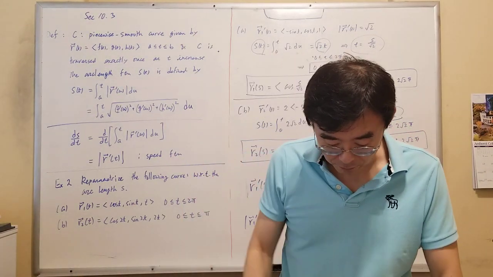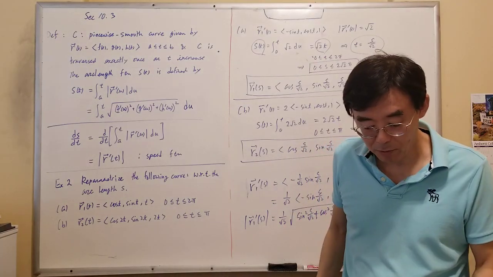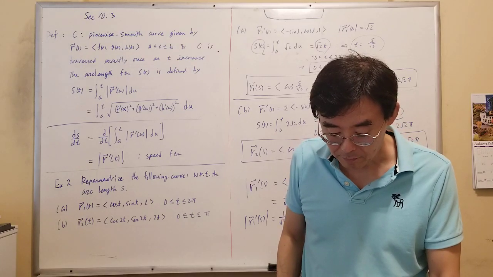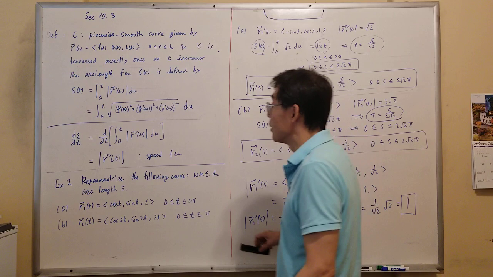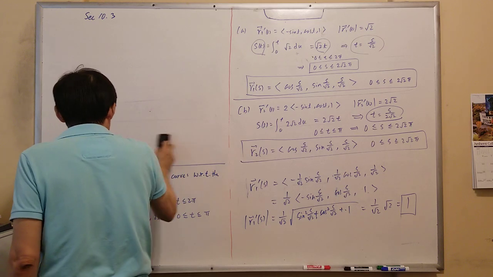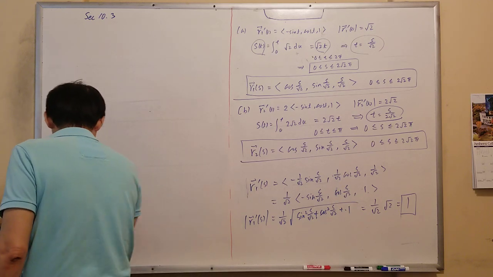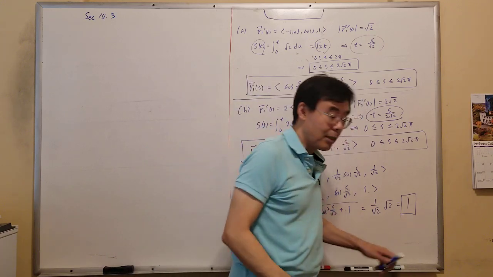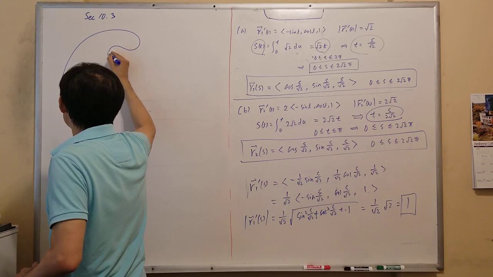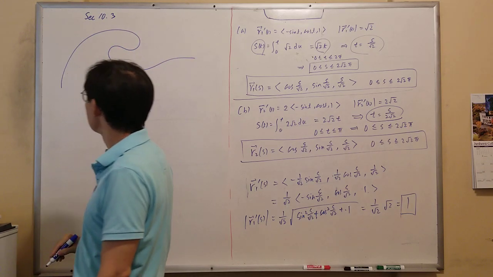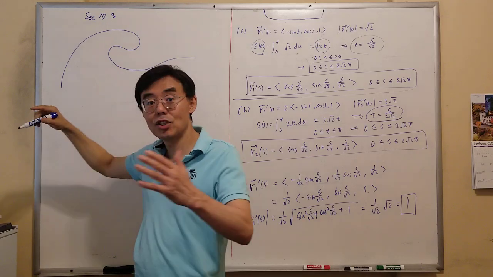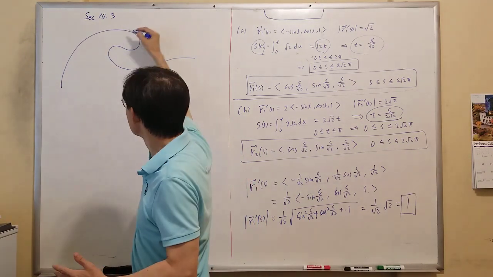So for many reasons this is an important parameterization, but we don't go further. This is enough. Now we want to talk about curvature. Let's say you have a curve here. If you have a curve like this, over here, we say that this is curving slowly. Over here it is curving fast.